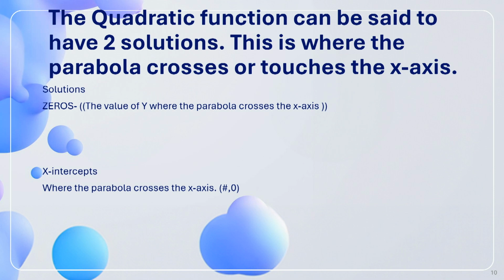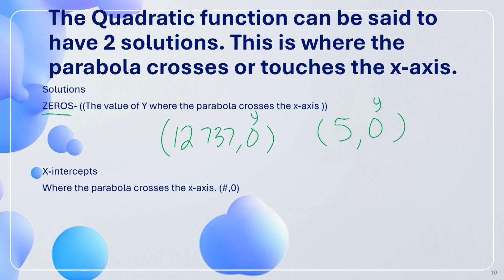This is where the parabola crosses or touches the x-axis. So my solutions, sometimes called zeros, is where the value of y is 0, where the parabola crosses that x-axis. So where we saw approximately 5, 0, my y variable is 0. Or it could have been, let's say, 12.737, 0. My y value is 0.